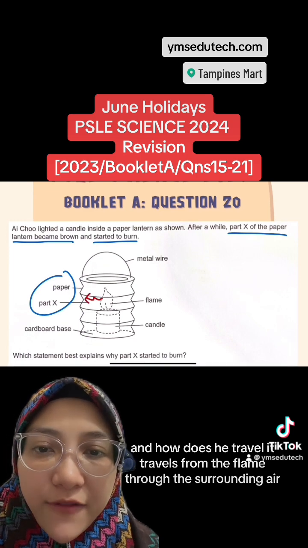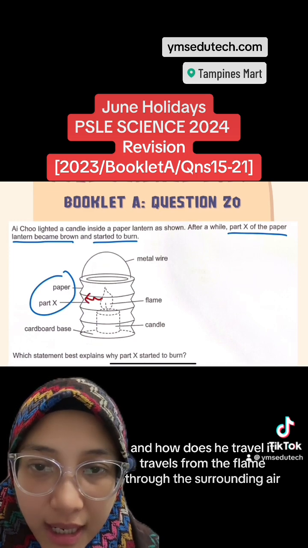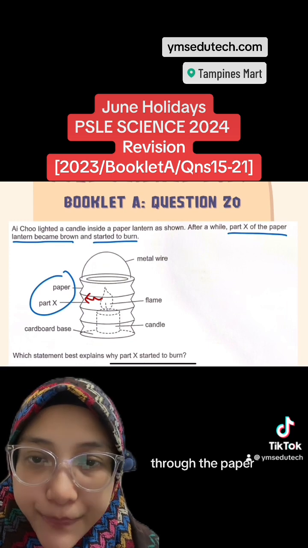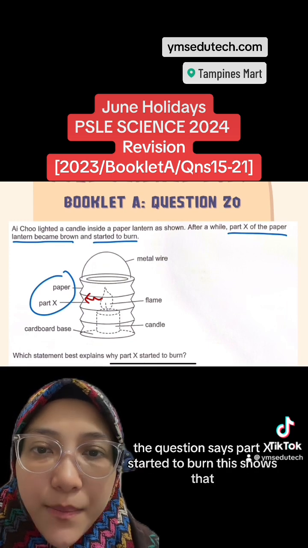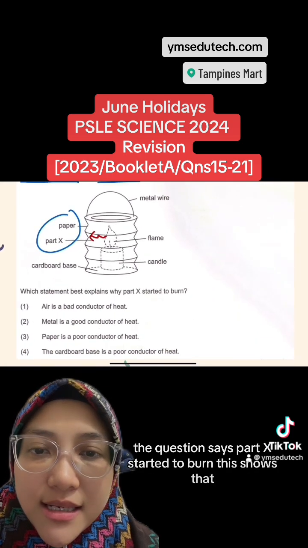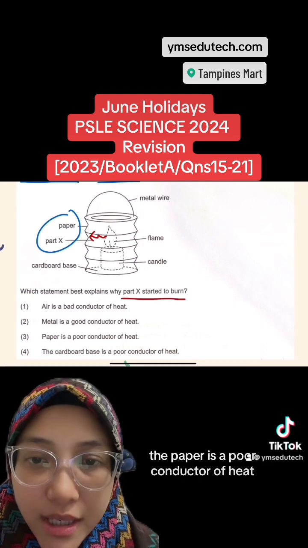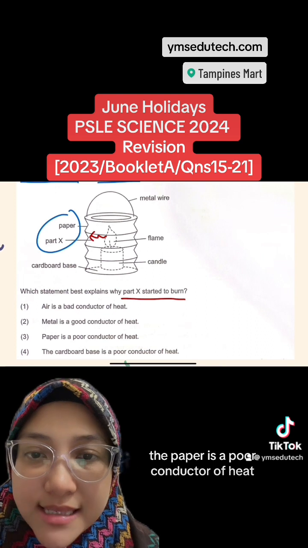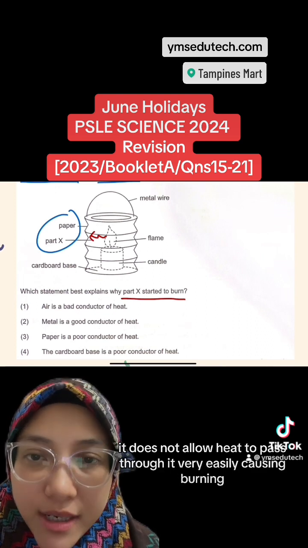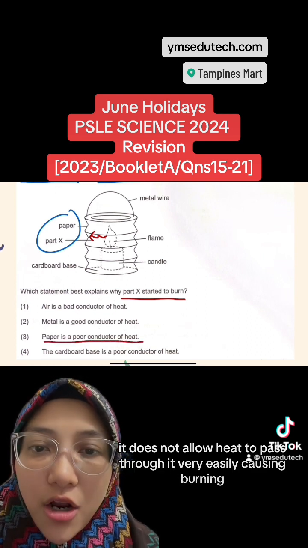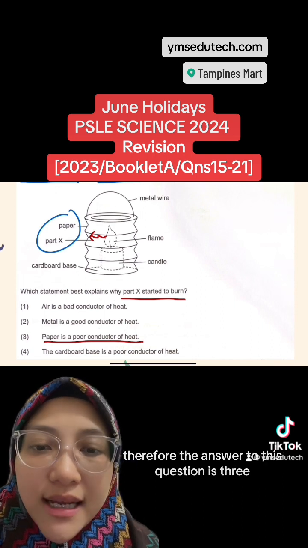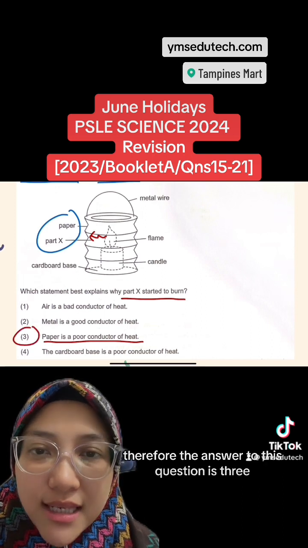It travels from the flame through the surrounding air through the paper. The question says part X started to burn. This shows that the paper is a poor conductor of heat. It does not allow heat to pass through it very easily, causing burning. Therefore, the answer to this question is 3.